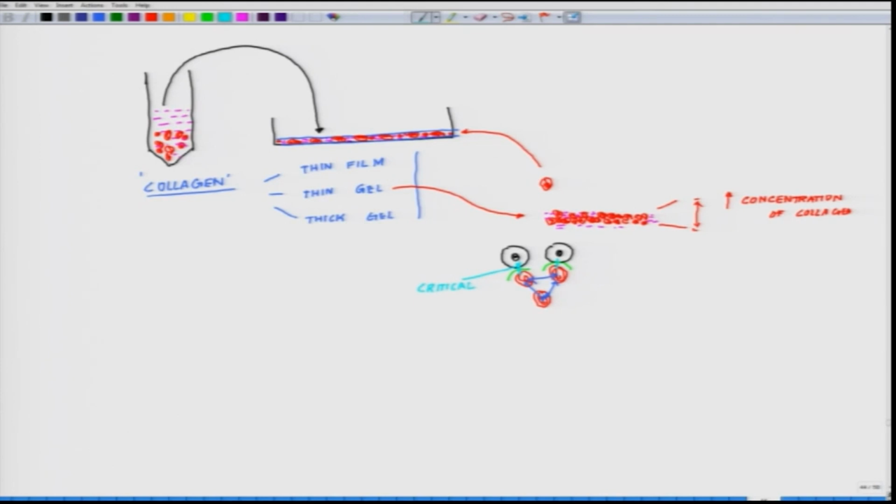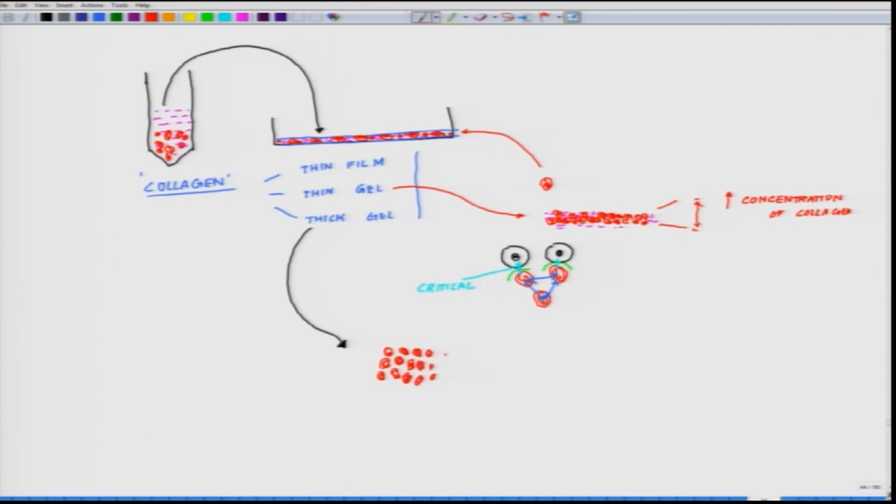Second thing followed when you wanted to make a thick gel. Say for example, you wanted the whole matrix to be a gel matrix, which will be something like a much more complex interaction coming through, something like this.